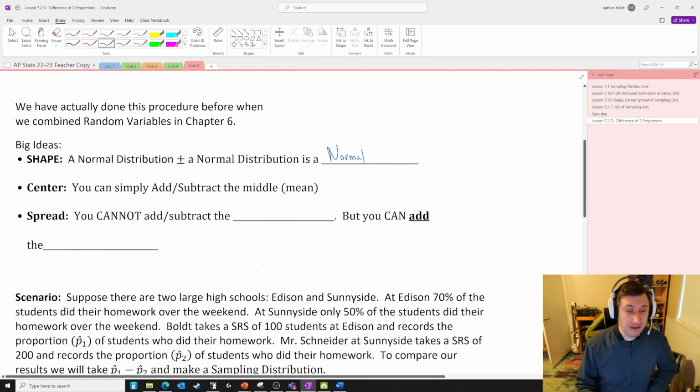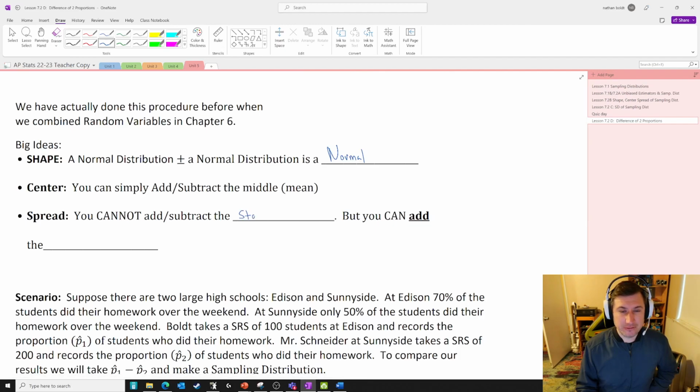You cannot add or subtract the standard deviations. But you can add the variances.